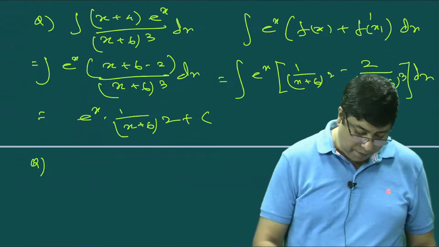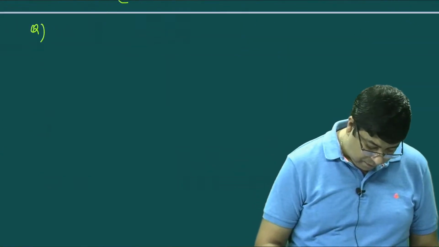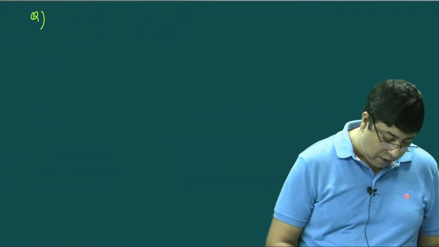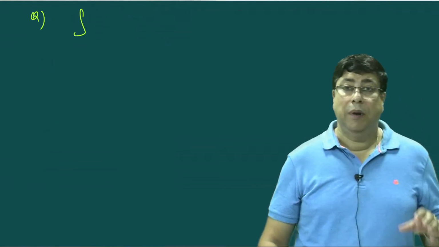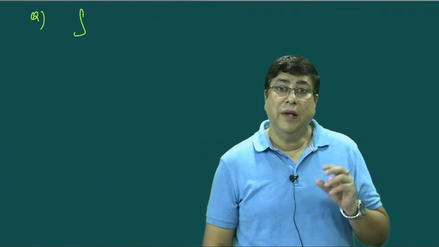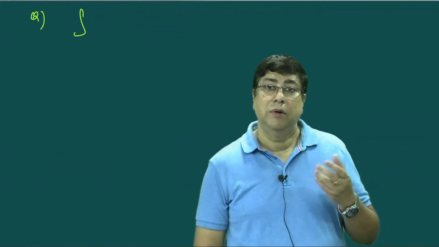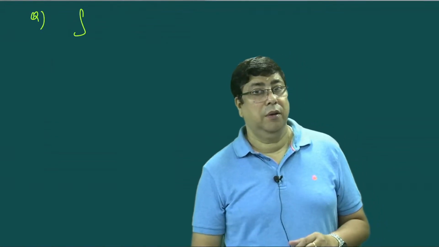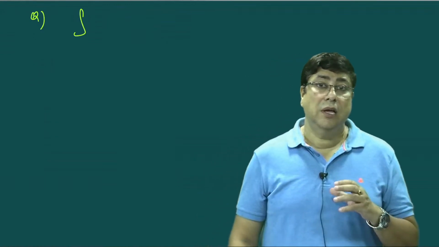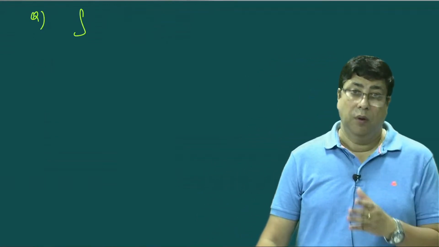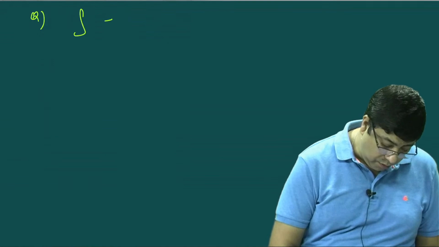Let's continue the next sum. One such sum I am giving you, but sometimes it gets difficult to see which is the f x and which is the f dash x, but it is important, everybody. You have to practice. This is the knowledge of your differentiation. Okay, one more sum I am giving you.